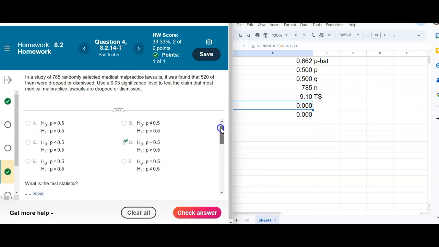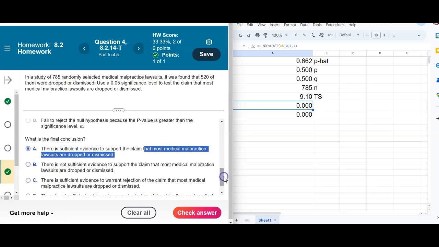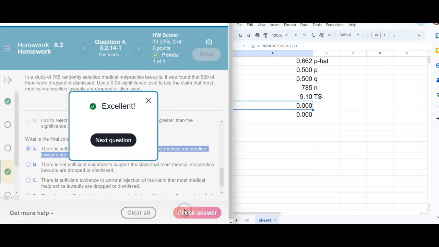If you go back and look at what we set up, p is greater than 0.5. What is p? It's the proportion of malpractice lawsuits that are dismissed, and that's exactly what that's saying. So there is sufficient evidence to support the alternate hypothesis. Alright, check our answer. That's right, and that's a start to finish hypothesis test.